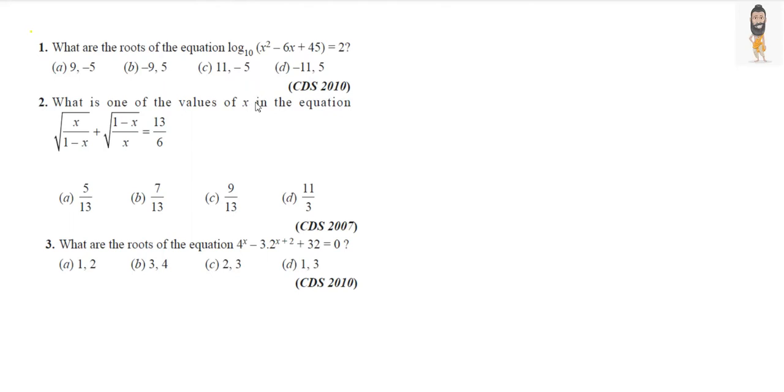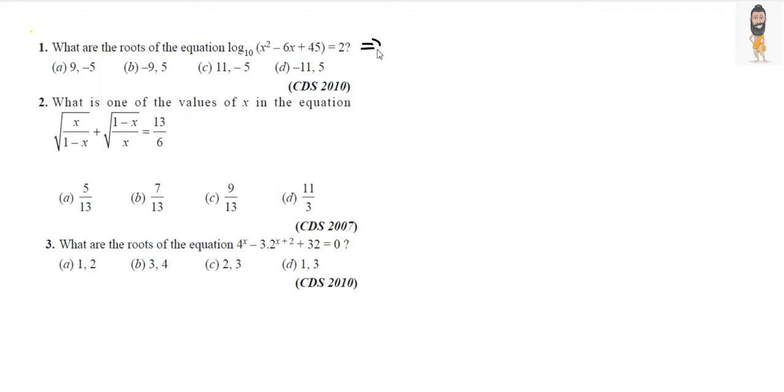Now in this equation, the base of the log is 10 and the value is 2.